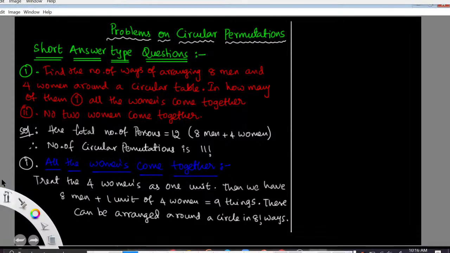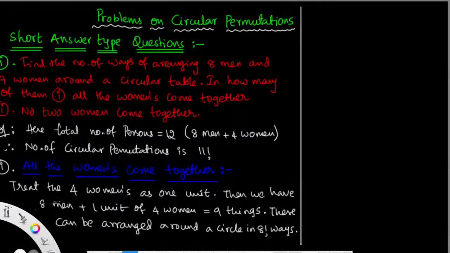Now go to the short answer type questions. Only 4 SAQs are there.